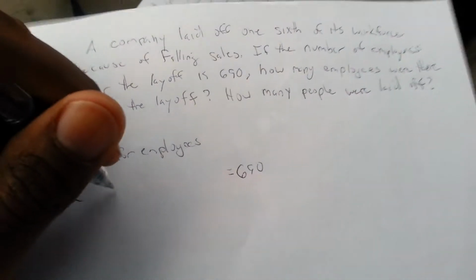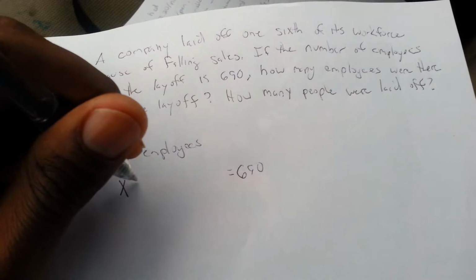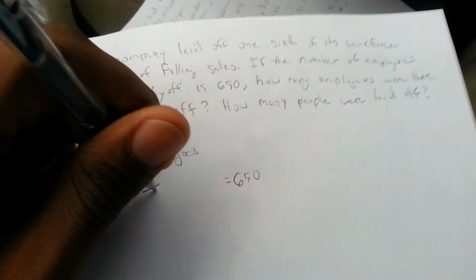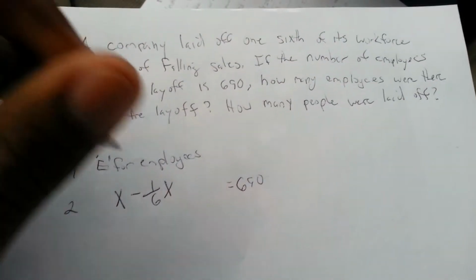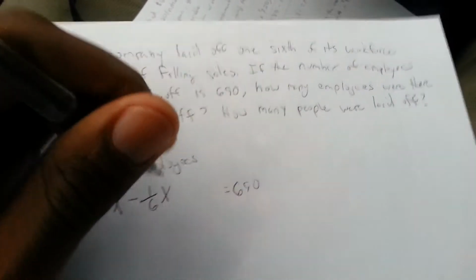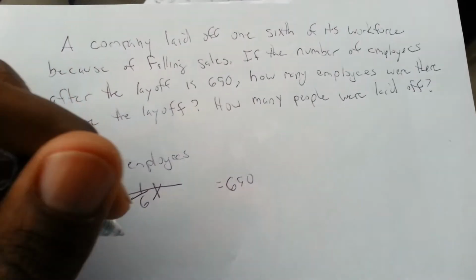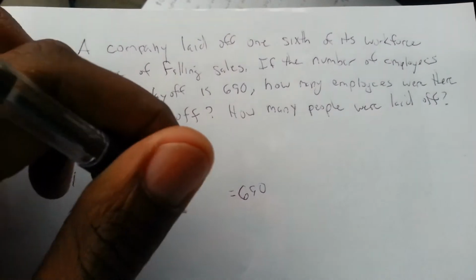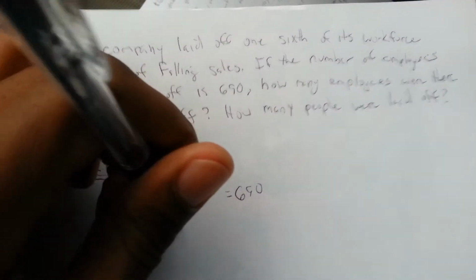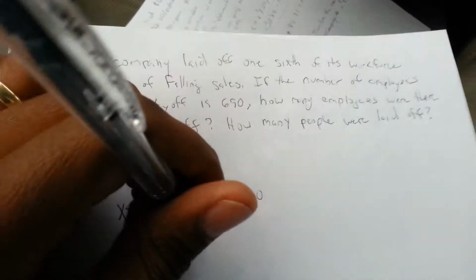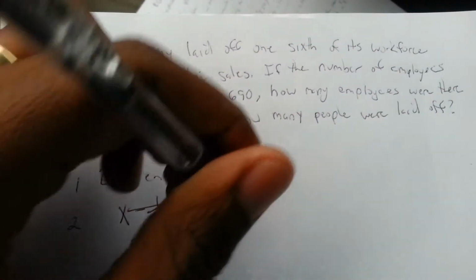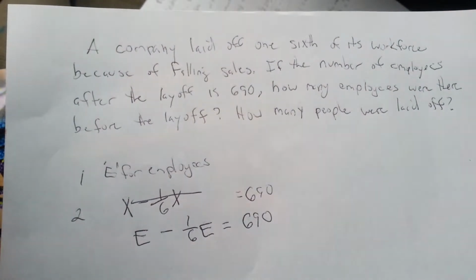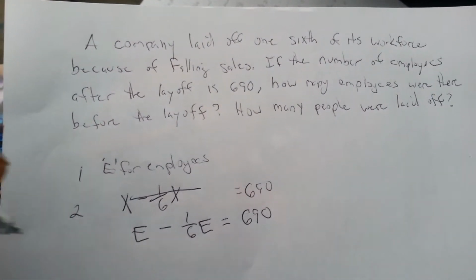So there's E, and then they laid off 1/6 of the employees, and how many employees were left equals 690. So that's how we set it up.